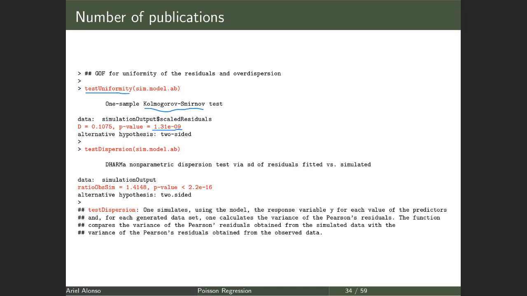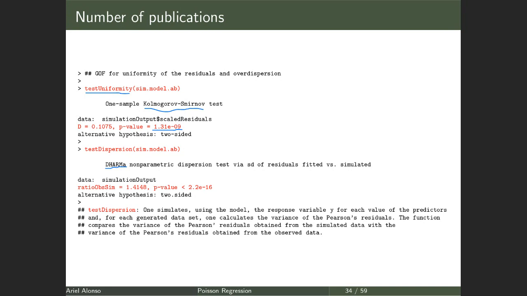What happens frequently is what is called overdispersion: the variability in the data is larger than the mean, larger than what the model predicts. And this DHARMa library also has a very nice test for dispersion. It will help you to detect both overdispersion and underdispersion.